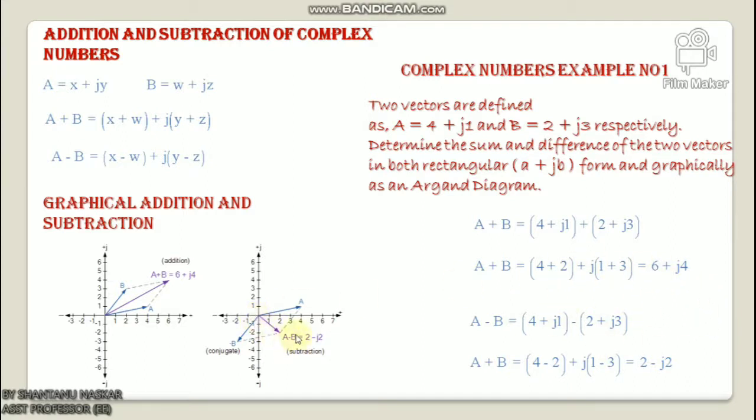So look here, 2 minus j2, this is the value. Simple. So this is the addition and subtraction of complex numbers. This is the rectangular method and this is the graphical method.